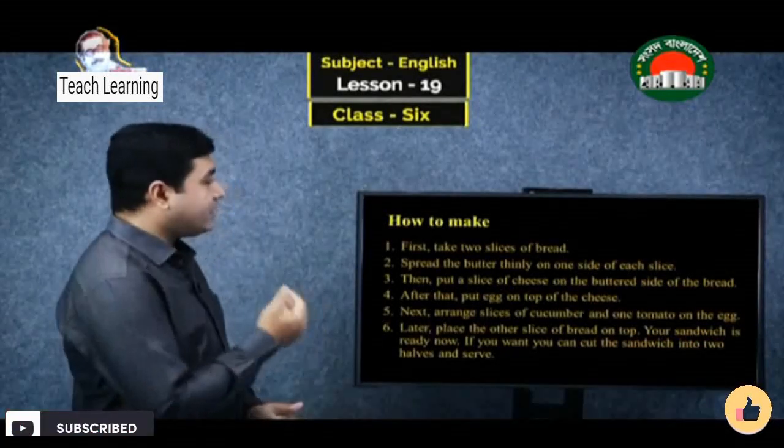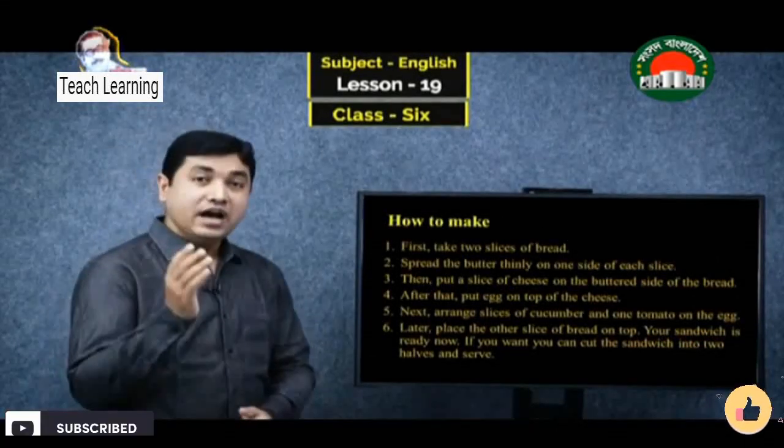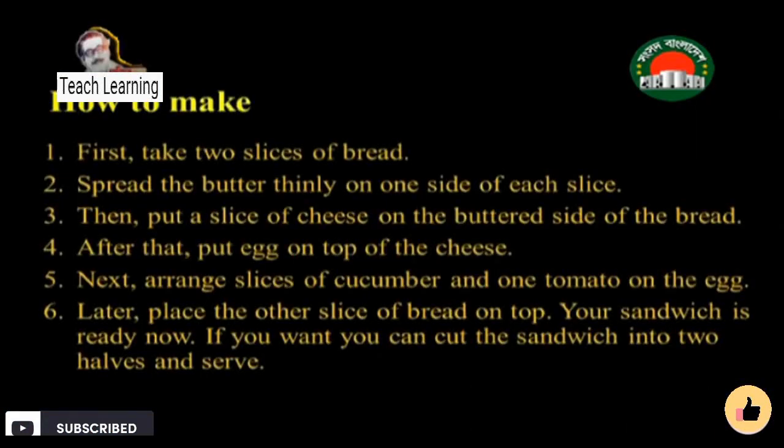So here you can see the instructions on how to make it. First one. First, take 2 slices of bread. Then spread the butter thinly on one side of each slice. Number 3, then put a slice of cheese on the buttered side of the bread.